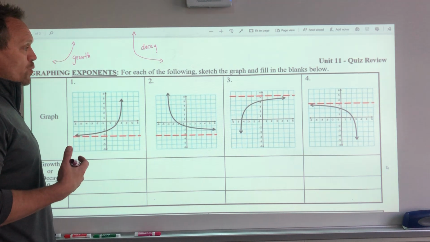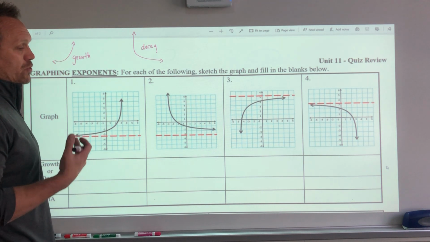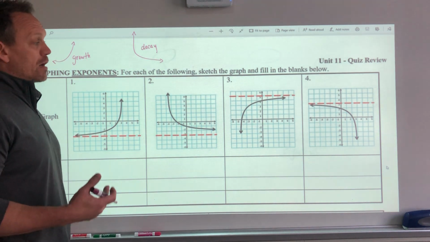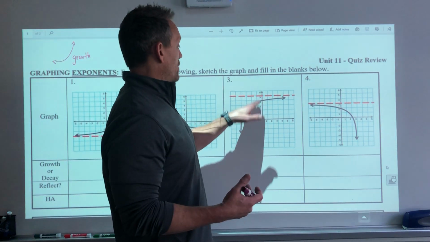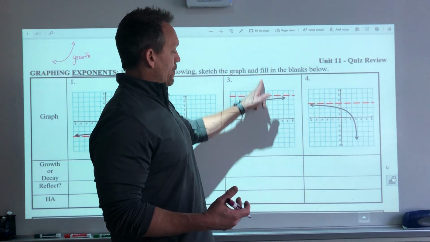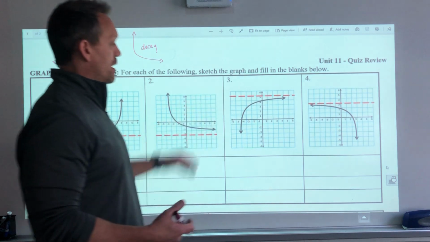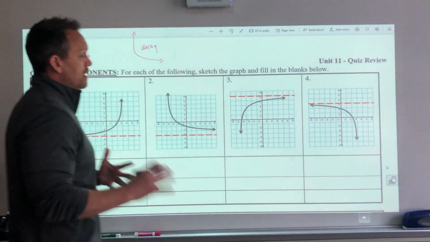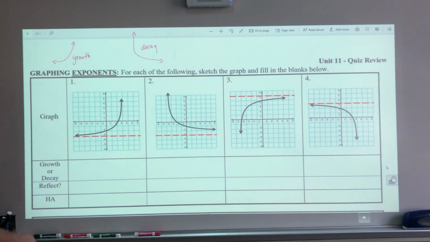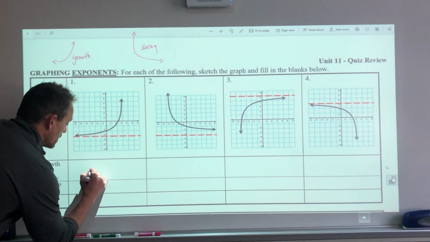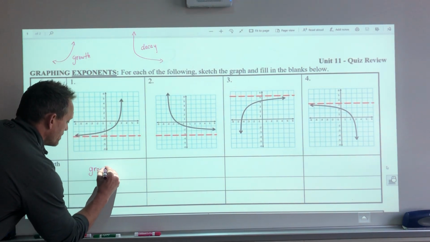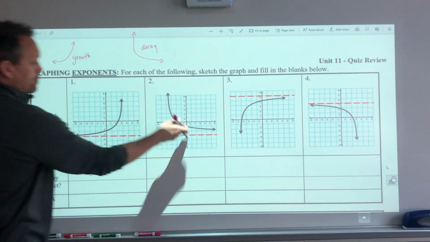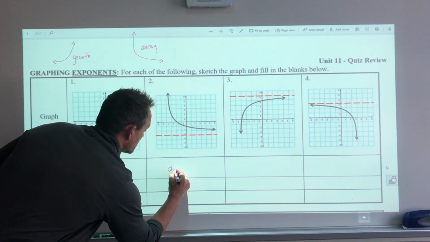The difference between understanding it's exponential and not logarithmic, especially for this one, is it doesn't have a vertical asymptote. It has a horizontal one. All exponentials will have horizontal asymptotes. That's a key understanding. So for this, obviously this is growth, and this being decay.